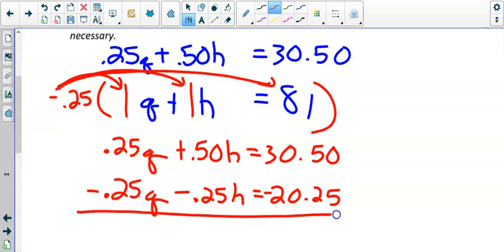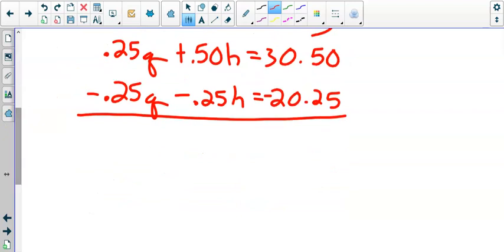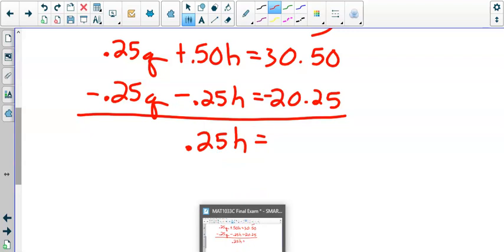Add down. So just like what we engineered, Logan says let's get rid of Q. So the Q is gone. What's 0.5 minus 0.25? 0.25. H equals what's 30.5 minus 20.25? 10.25.